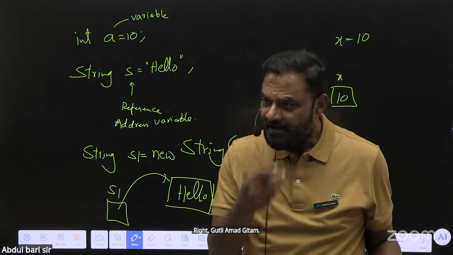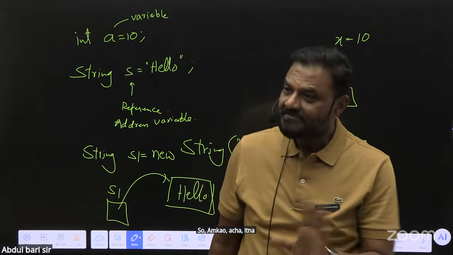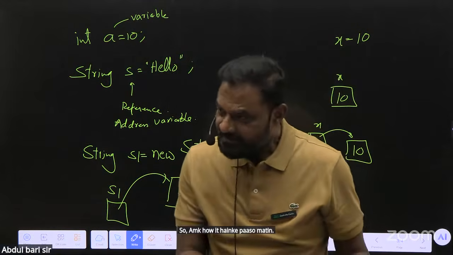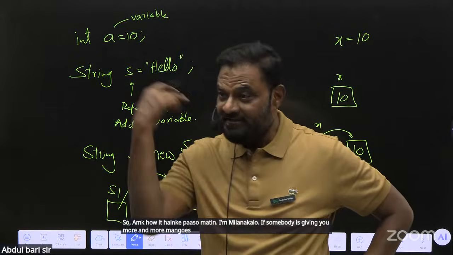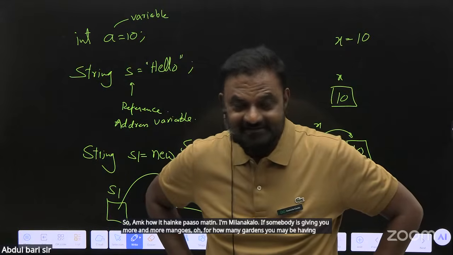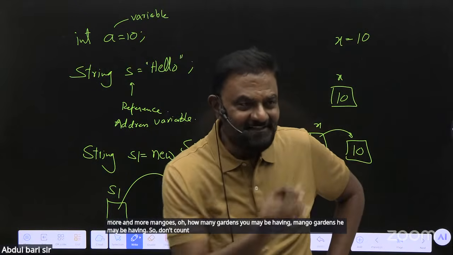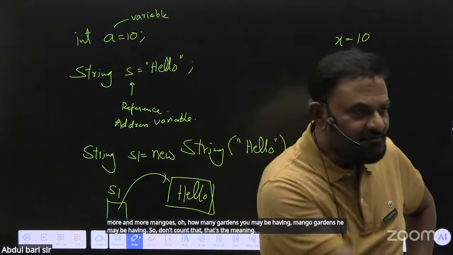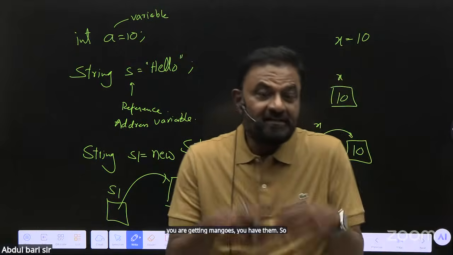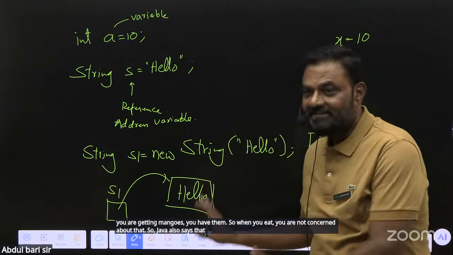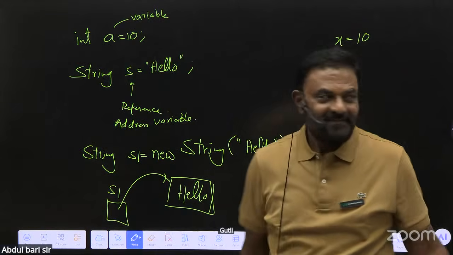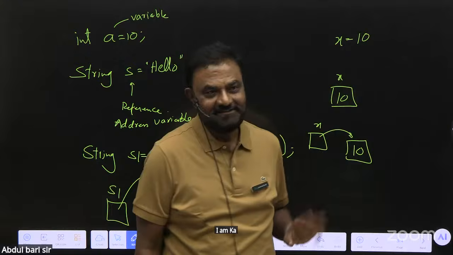If somebody is giving you more and more mangoes, don't count how many mango gardens he may have. You are getting mangoes, so you have them. Java also says: aam khao, gutli mat gino.